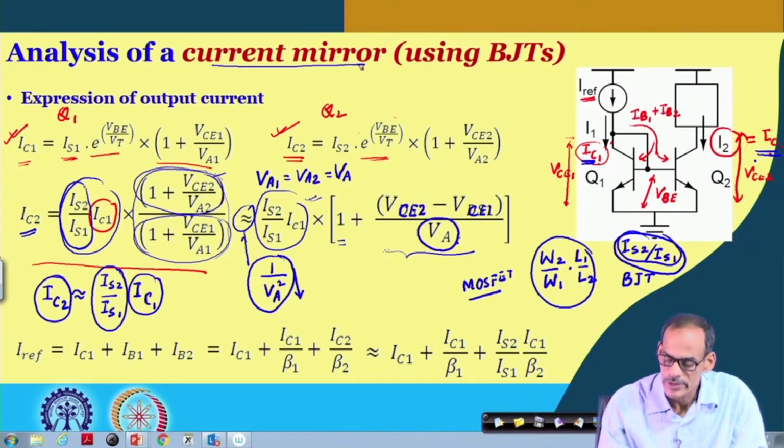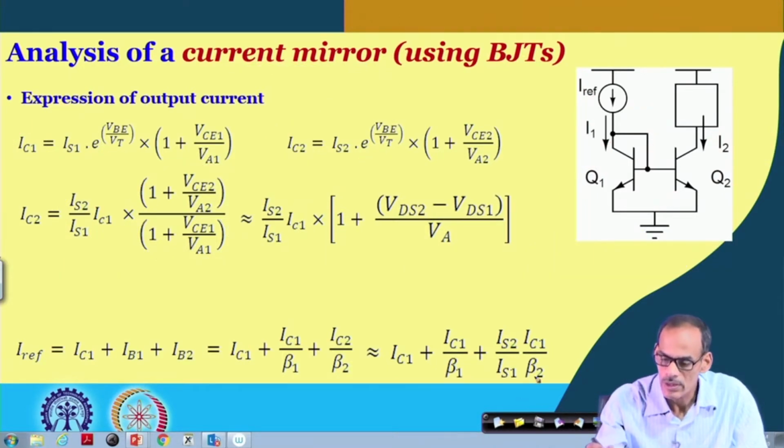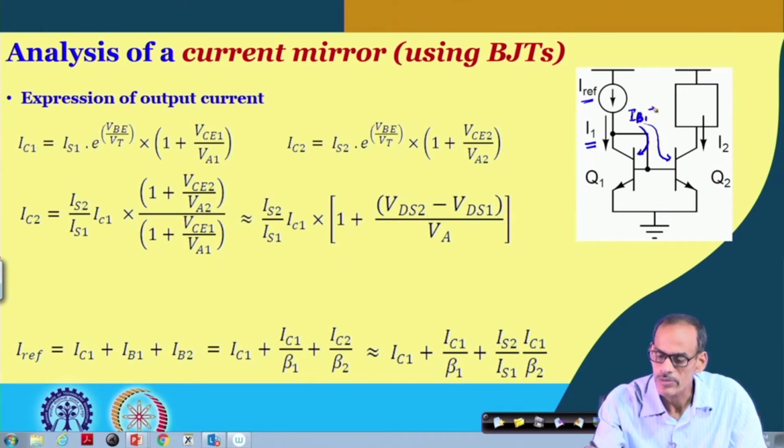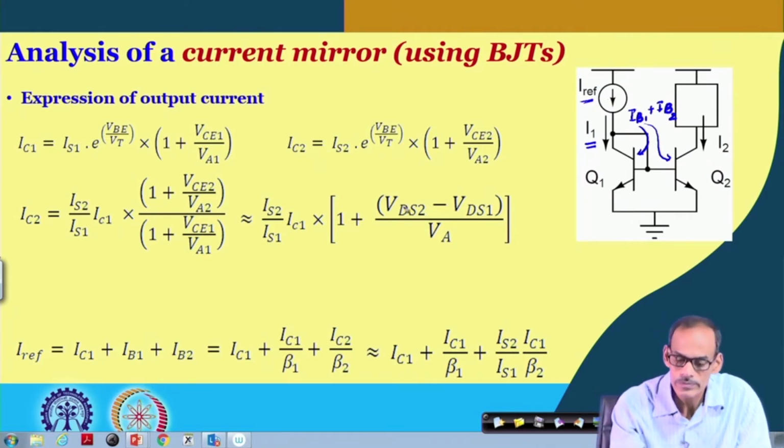Now, in this circuit, as I said, IC1 is not equal to Iref, because we do have the two base currents IB1 and IB2. So, let us write the expression of IC1 in terms of Iref. This is VCE2 and this is VCE1, as I said.